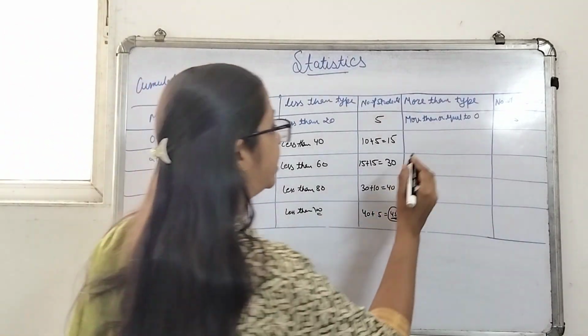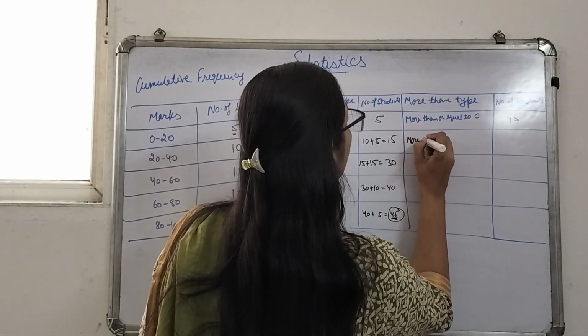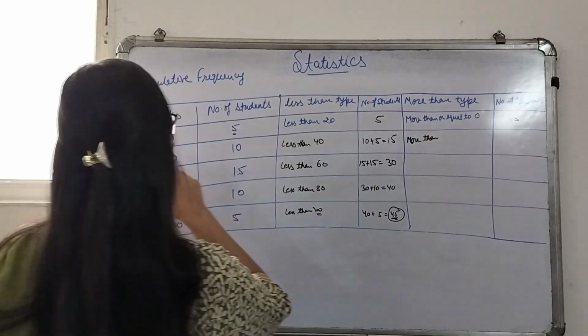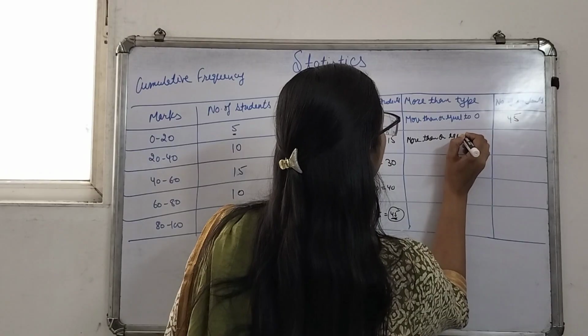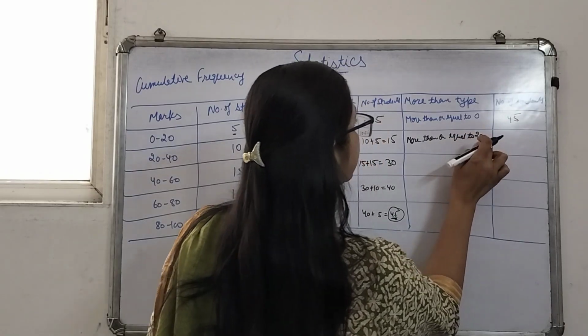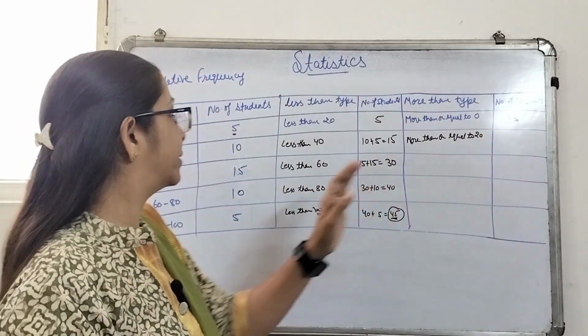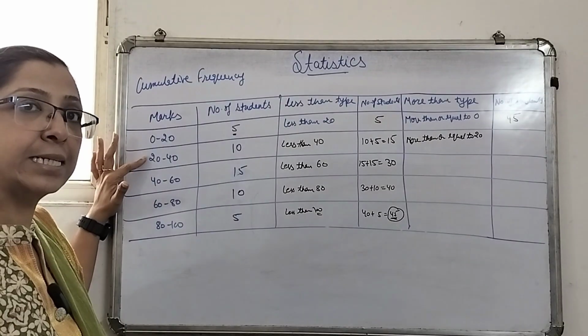Now how many students are there who have secured more than or equal to 20? Because if someone has secured 20, then he or she will be part of this class interval.